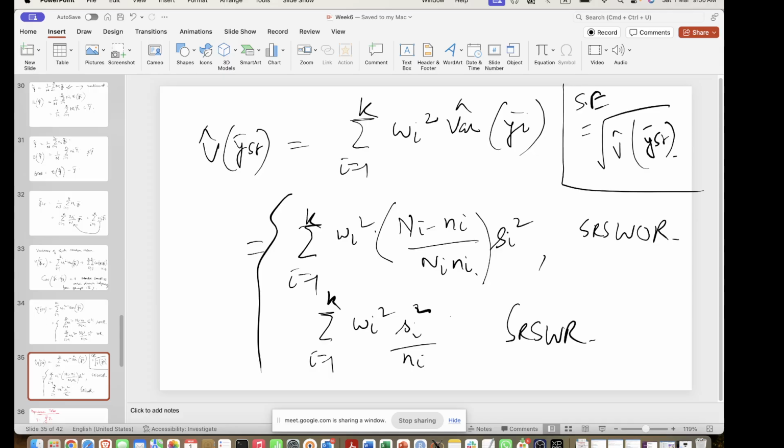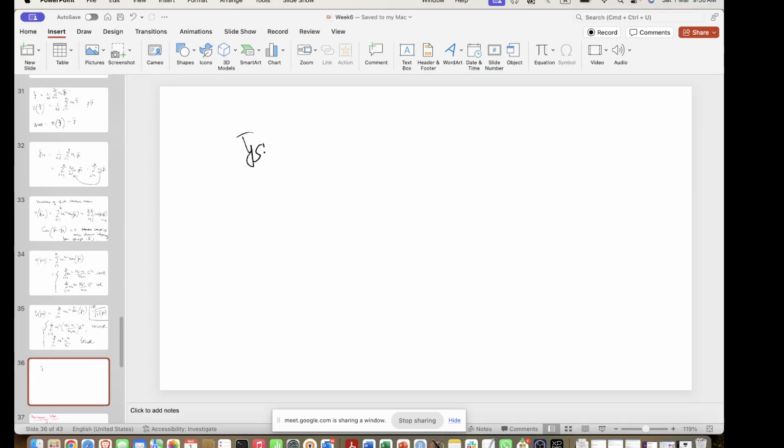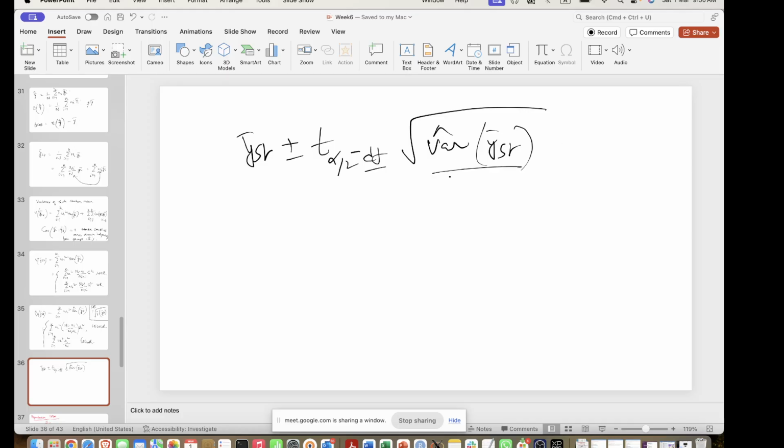Again if this holds, then we would have the confidence interval as y bar st plus or minus t distribution at alpha by 2, with the degrees of freedom we have to compute, times the square root of variance hat of y bar st. And the distribution of this is a little bit complicated, so we haven't touched upon this part yet.